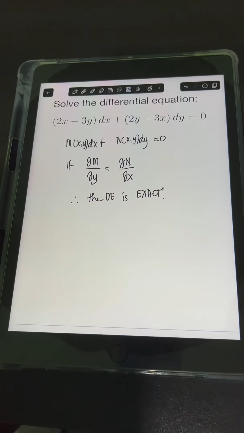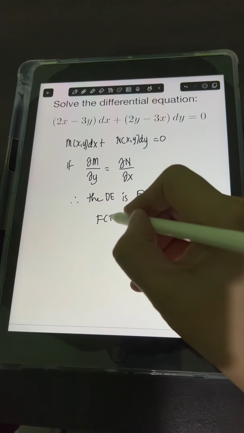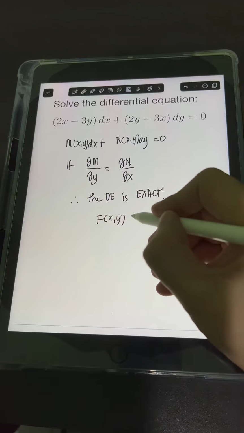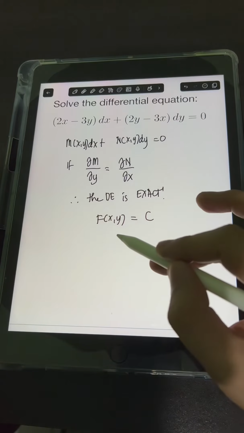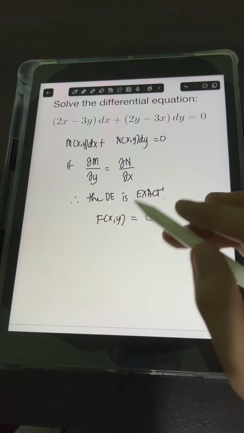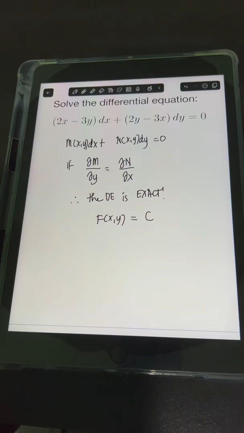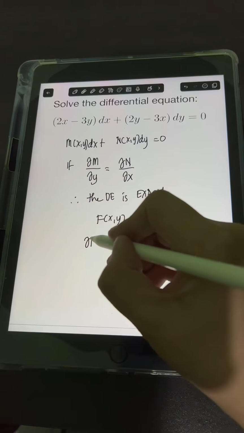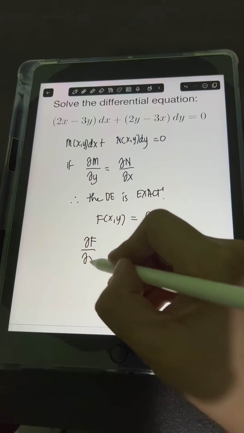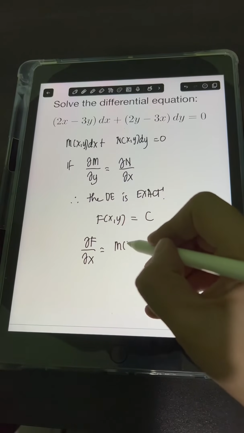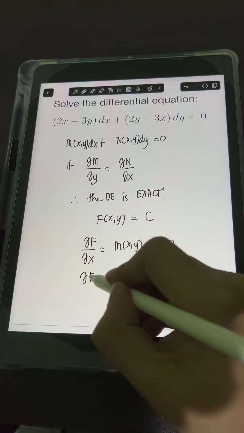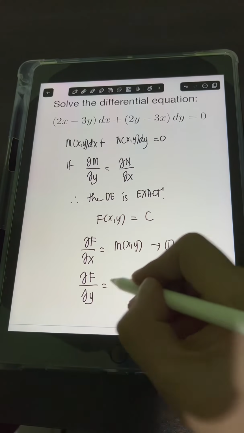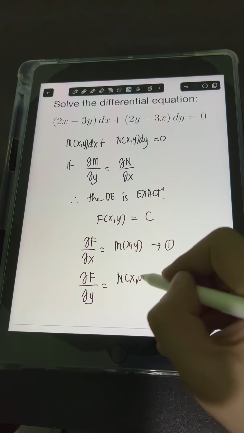And the general solution will be a function f(x,y) equal to the constant c, wherein we can find this f(x,y) using two conditions. The first one, the partial derivative of f with respect to x is equal to M(x,y), and the partial derivative of f with respect to y is equal to N(x,y).